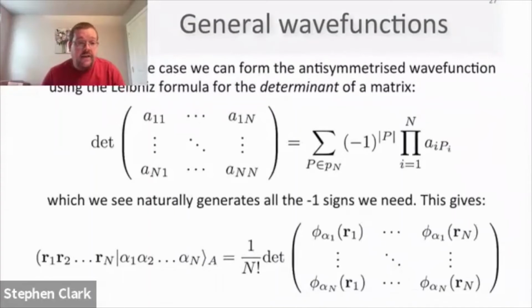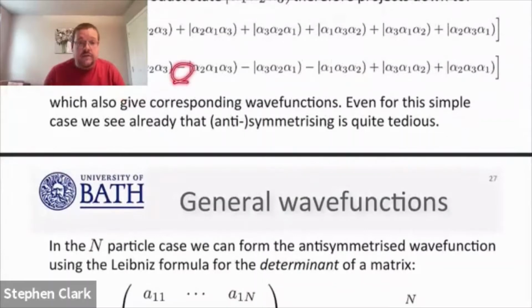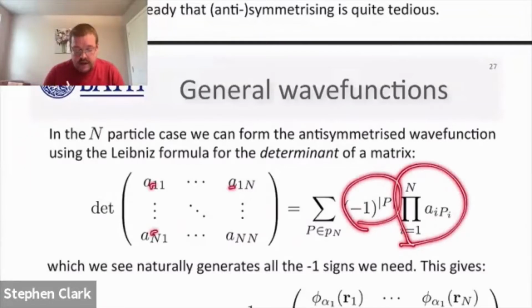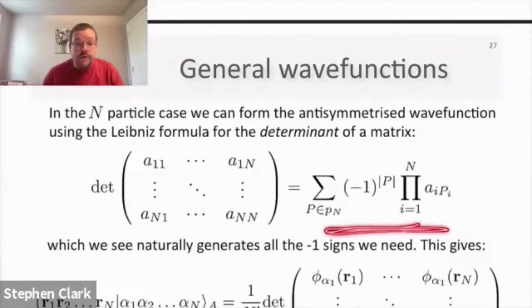A nice way of dealing with them, which doesn't get over all of the issues of difficulty, is to notice that for fermions, the minus signs come about precisely because of the permutation, the (-1) to the order of the permutation. And you can generate this by basically taking the determinant of a matrix. A determinant gives you exactly that factor, and it gives you the product of the various elements inside it. This is the Leibniz formula for a determinant.